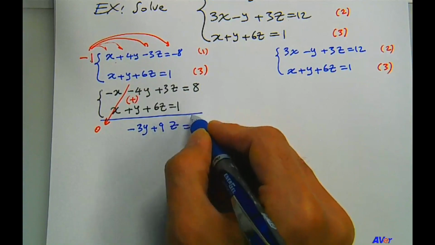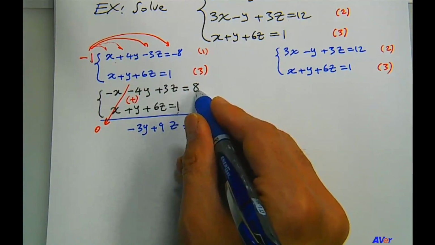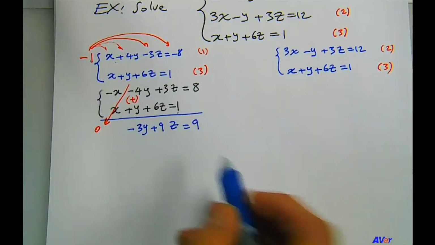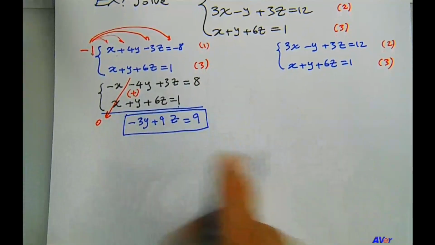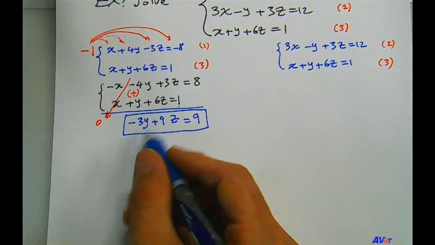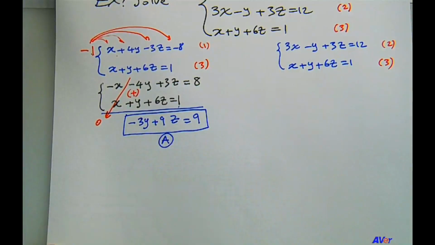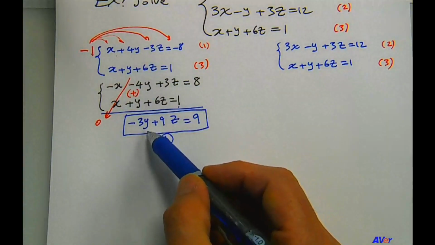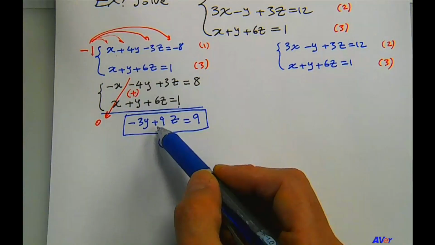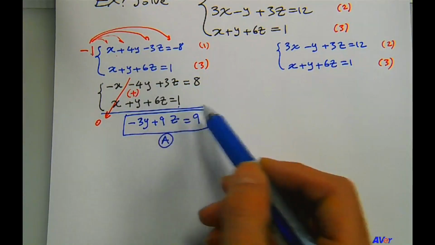And the other side, it's equal to 9, right? 8 plus 1 is 9. So this is one of the equations. Let's call this reduced equation A. Reduced because it no longer has 3 variables. It's got 2 variables, y and z.